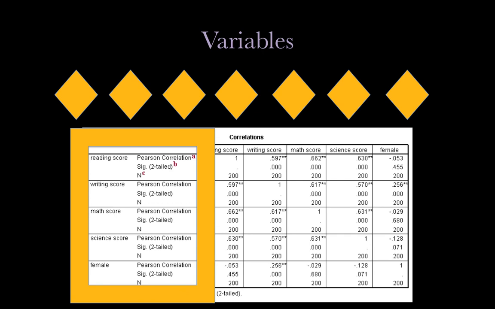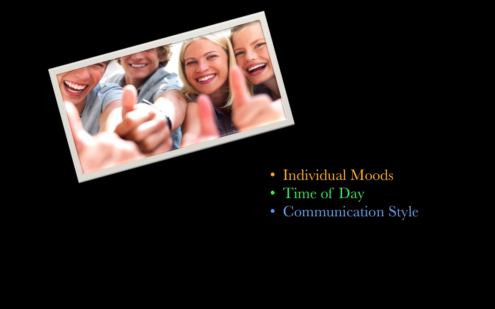What might influence productivity? Moods, times of day, the communication style of individuals in a group, the last meeting success, many other things. There are many variables, but there are also many different types of variables in the group process. And so I want to kind of break this down just a little bit more.